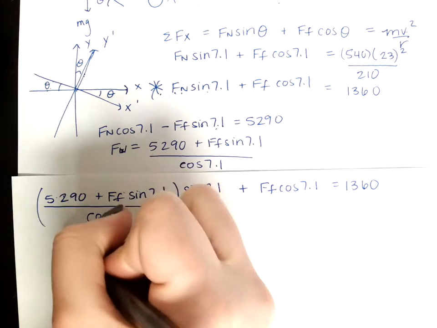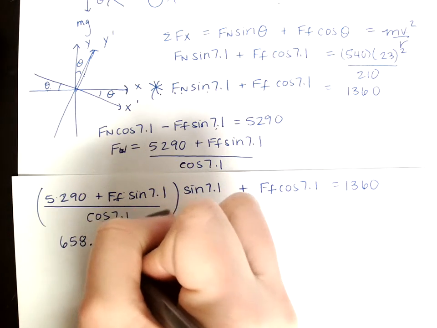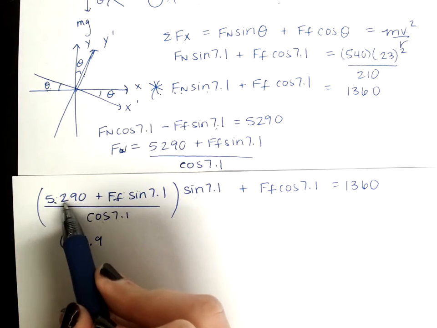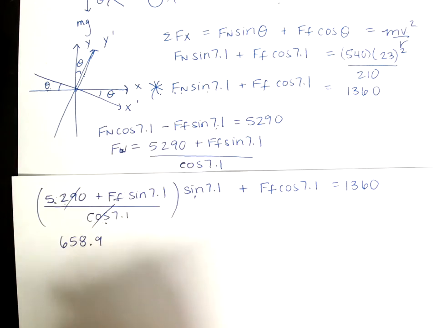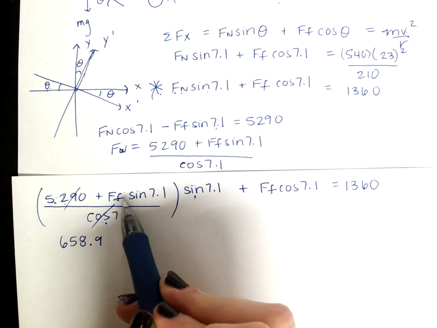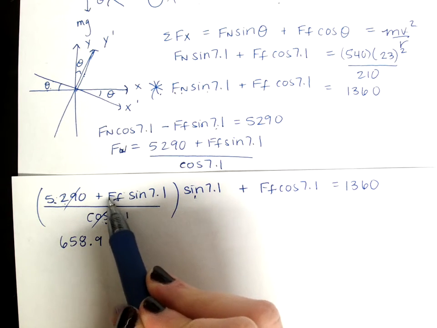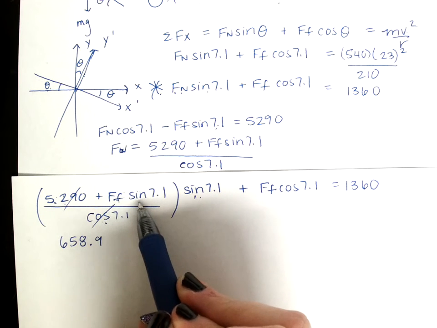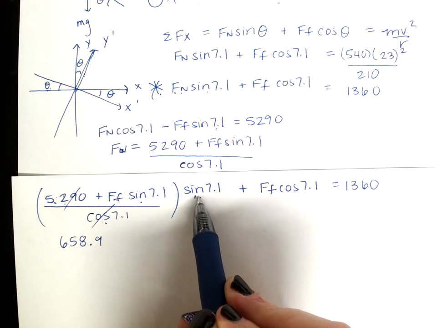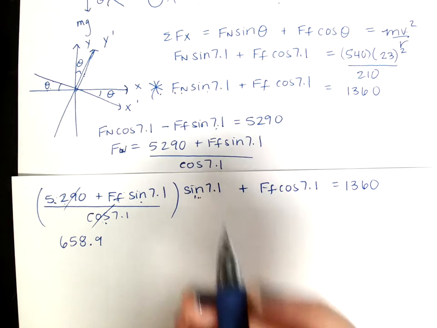You get 658.9. So I just did this, 5,290 divided by cosine 7.1 times sine 7.1. So we're done with this part. Now we're distributing right now. This is the distributive property. Now we're going to multiply this variable times this one. So force of friction, sine 7.1 times sine 7.1. So basically sine 7.1 squared.